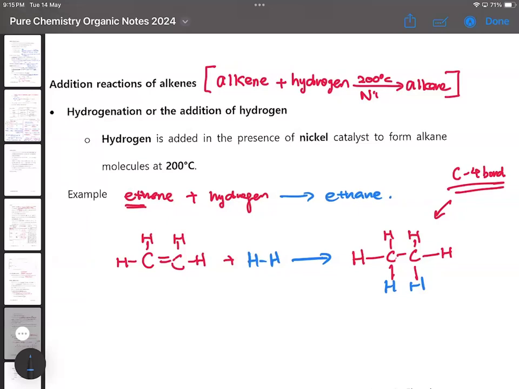See, it changes from ethene to ethane because these are reactions of alkenes. So the alkenes turn into alkanes.